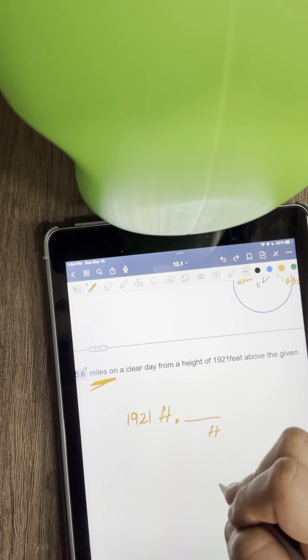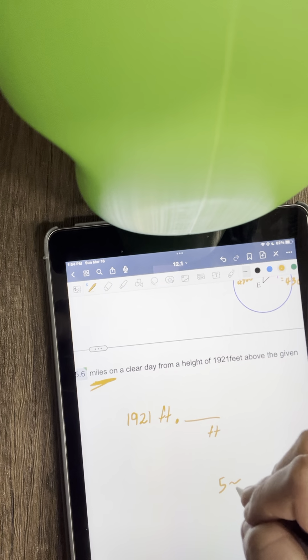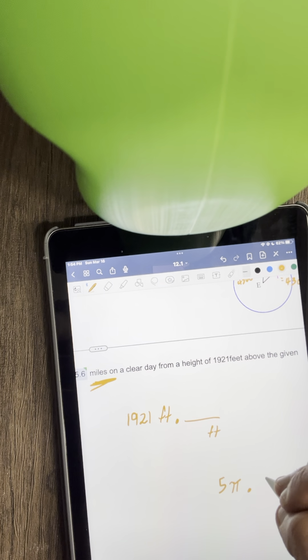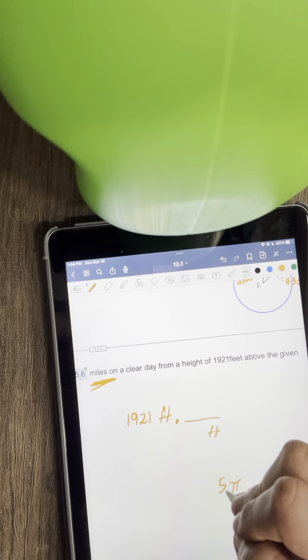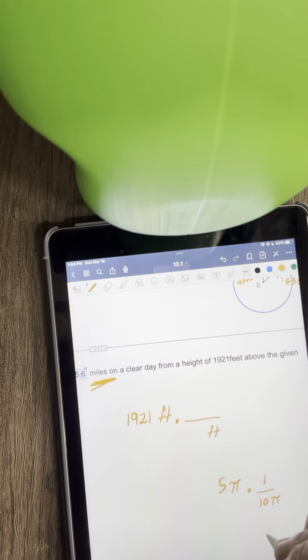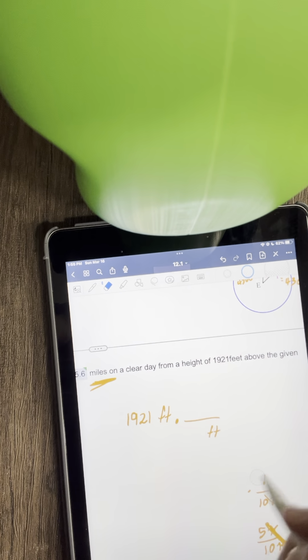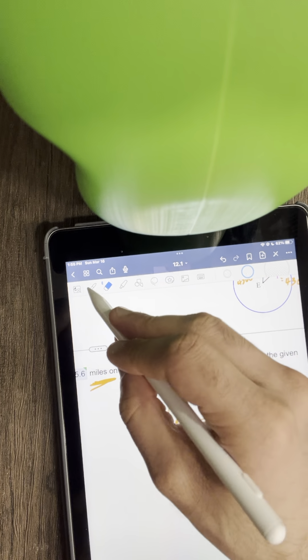Just like 5 pi times 1 over 10 pi. When we do 5 pi times this, wouldn't we just get 5 pi over 10 pi? And when I do that, these guys are going to cancel out. So in that same way, these guys cancel out when they're cross multiplying like that. Okay?